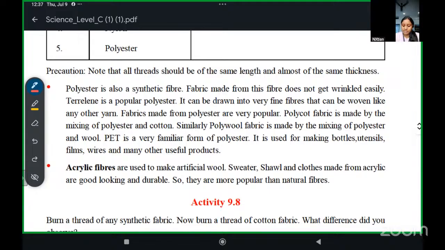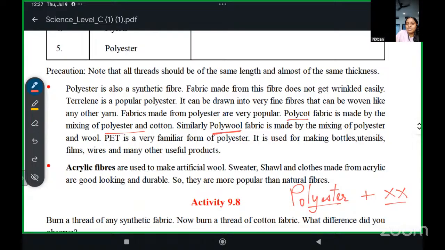Polycot fabric is made. See, one very interesting thing. We will be mixing polyester with other fabrics. So see, polycot. COT means cotton. Poly means polyester plus COT, cotton, makes polycot, which is made by mixing polyester and cotton.